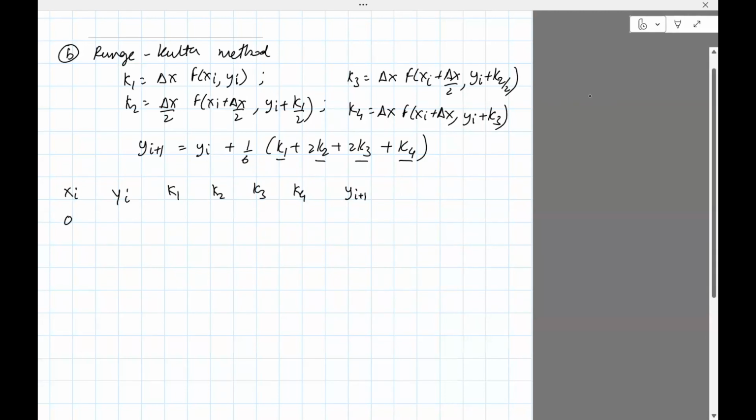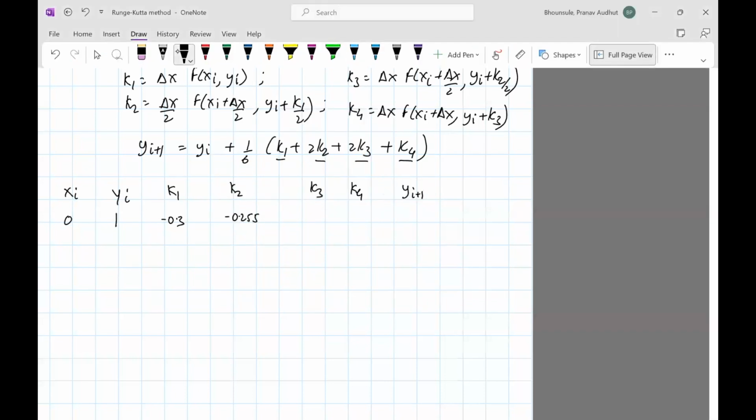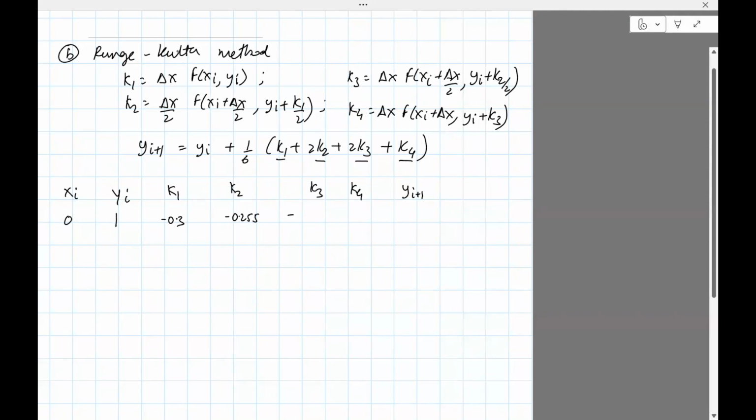Okay, so 0, 1 is the first one. I put in the values for f of x comma y, so that now that you know how to do this, I just write it down for a few: minus 0.3, minus 0.25, minus 0.2616, minus 0.2215, and y i plus 1 is 0.7408.